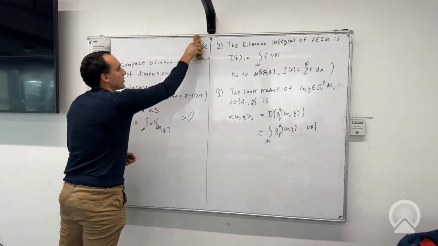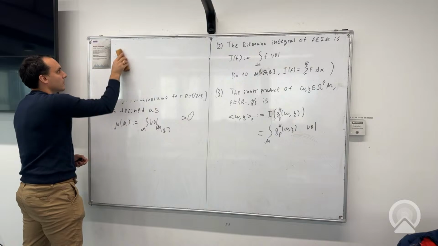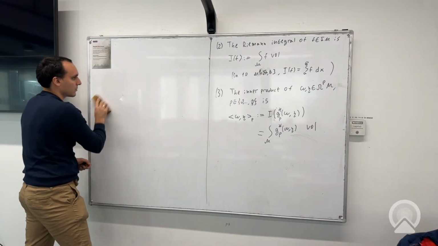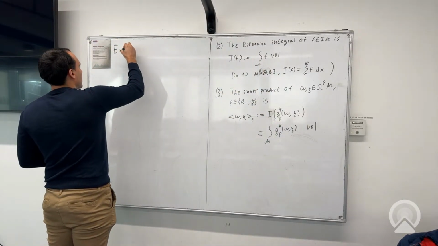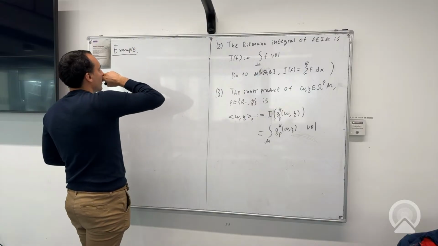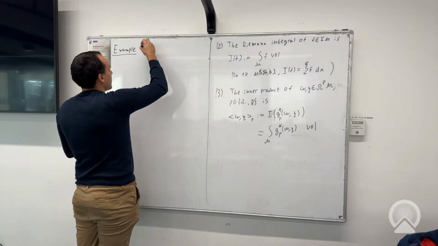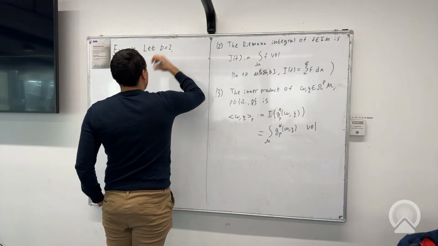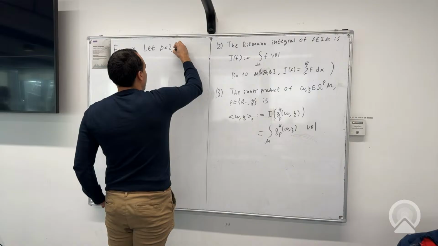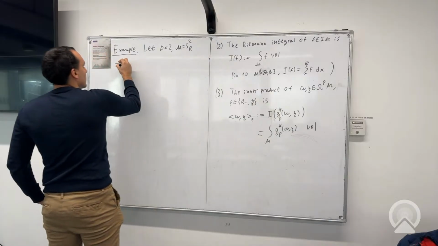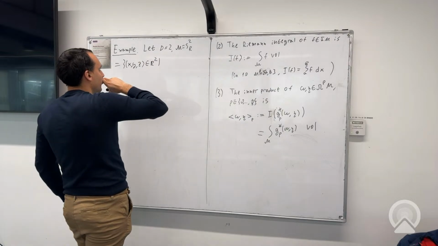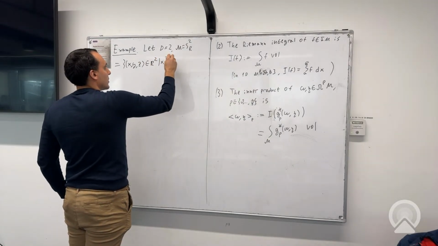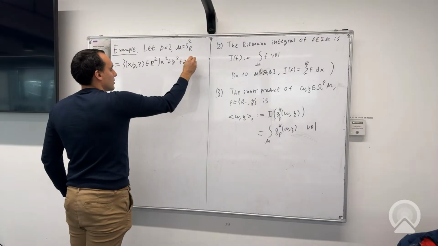Okay. So example. So M is S^2_R. So this is the set of points such that x squared plus y squared plus z squared is R squared.